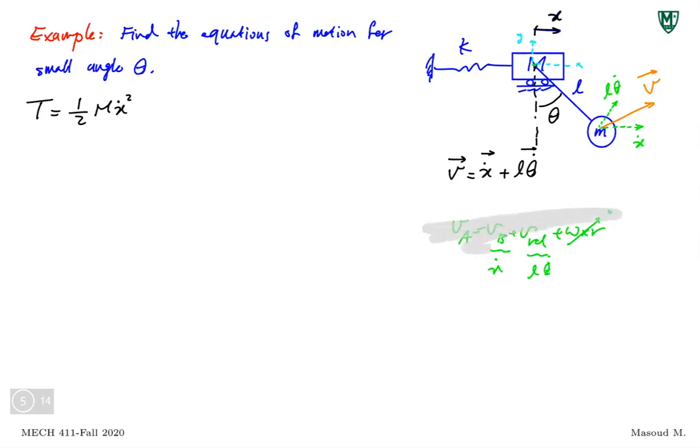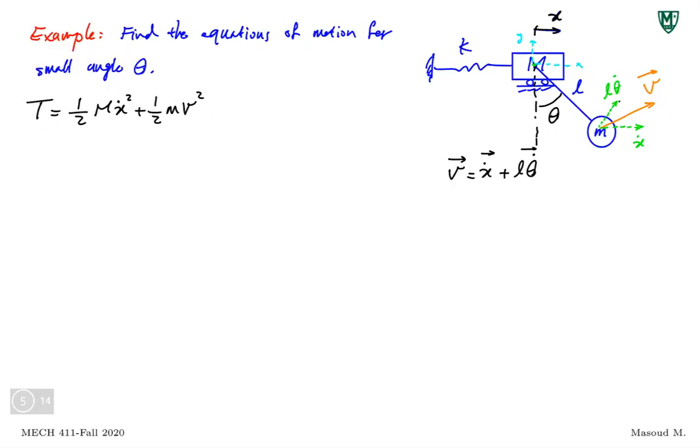So v becomes x dot plus L theta dot. As a result, I'm treating this as a translational system, so that becomes 1 over 2 m v squared. Now I know the absolute velocity for the pendulum.